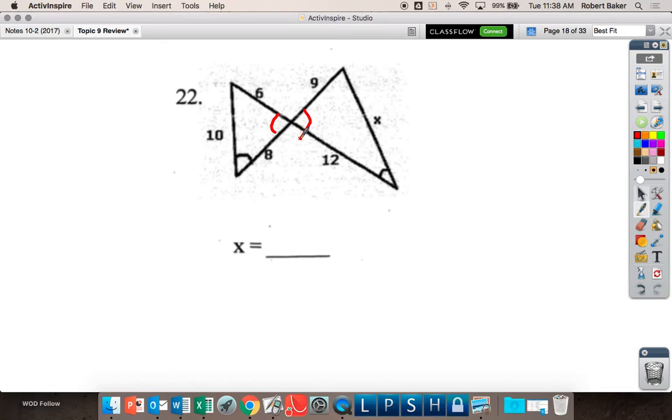Small, medium, large. 6 is the smallest number on this triangle. If you don't like small, medium, large, you can do between the 1 and the 2, which is 8 and 12. That is one proportion that would work. Those are corresponding parts of proportional triangles. And then between 1 and blank is 10 and x.